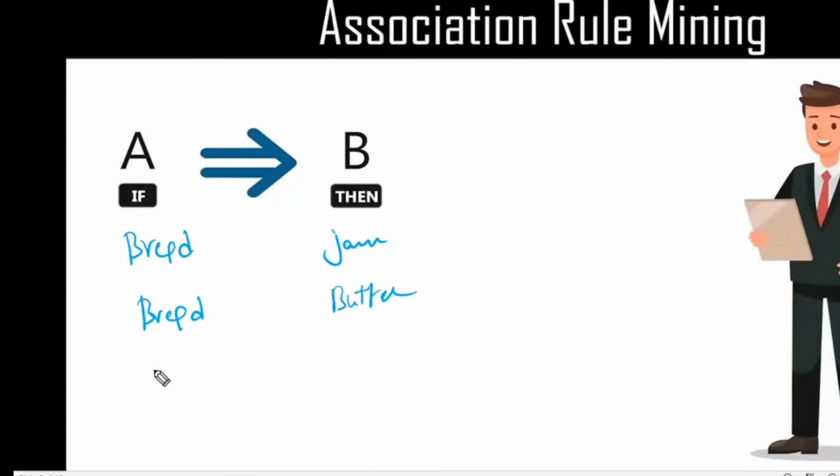If a person buys a mobile phone, what is the probability that he will buy a screen guard, or a back case?